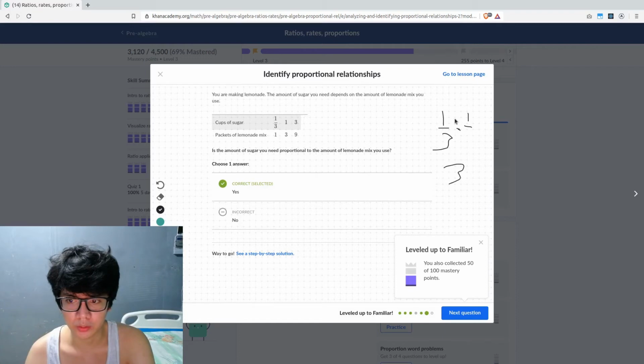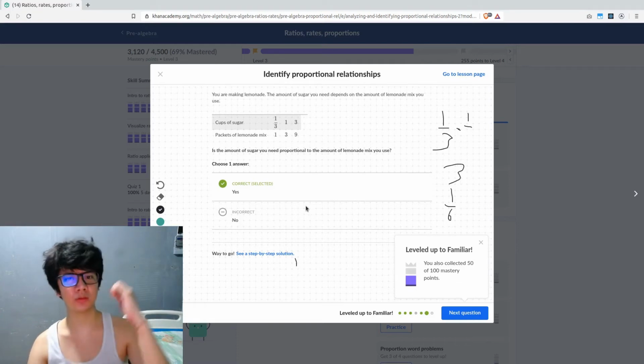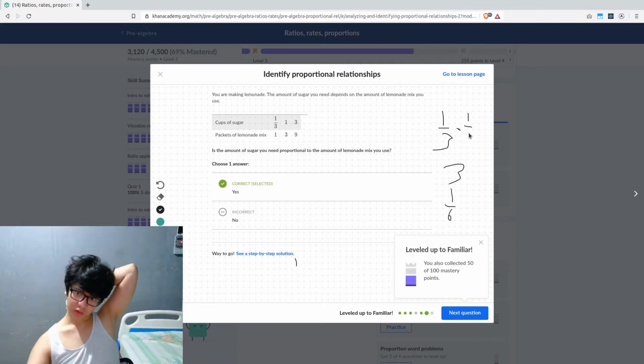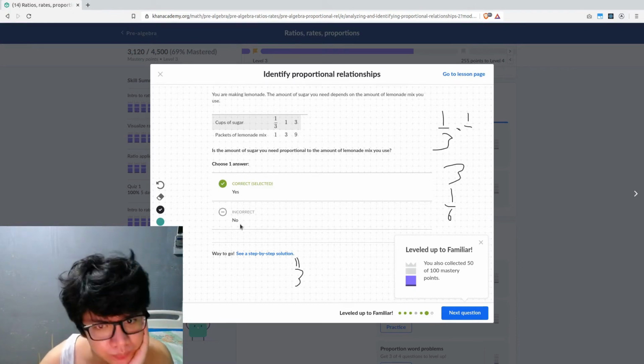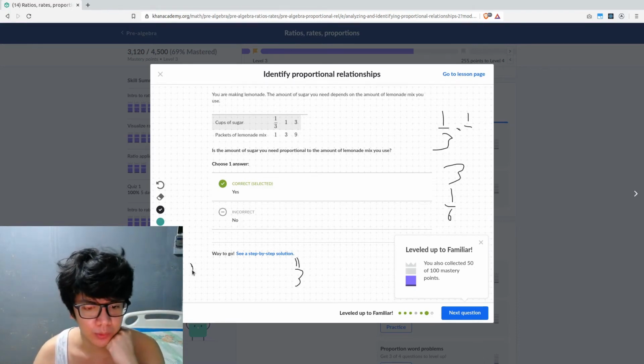So we get 1/3 or 1/6. Let's see. Wait, what? 1/3 times 1 is still 1/3. Multiply 1/3 by 1, you get 1/3.